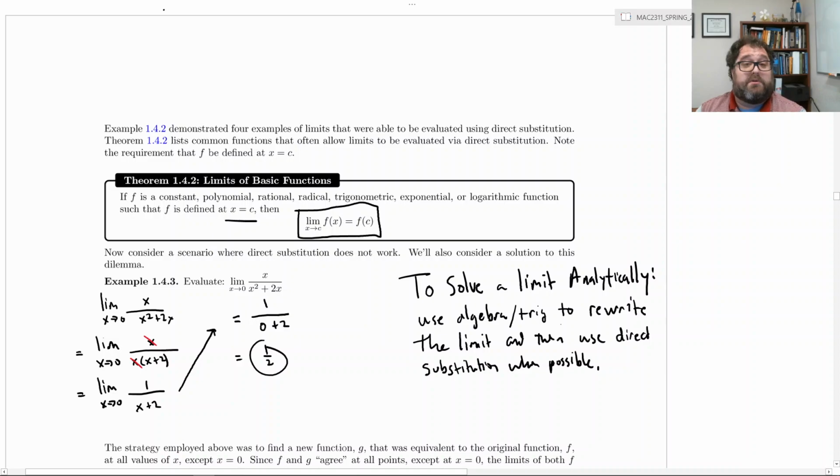So notice we couldn't use direct substitution immediately, but after we did a little bit of algebraic manipulation, we could use direct substitution. And that's the general idea when solving limits analytically.